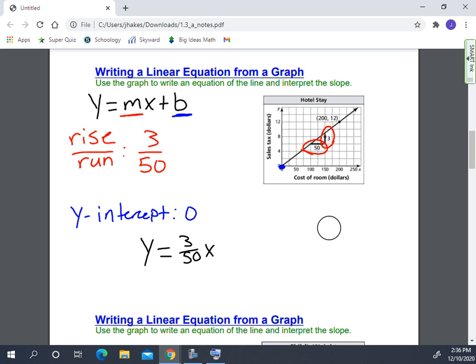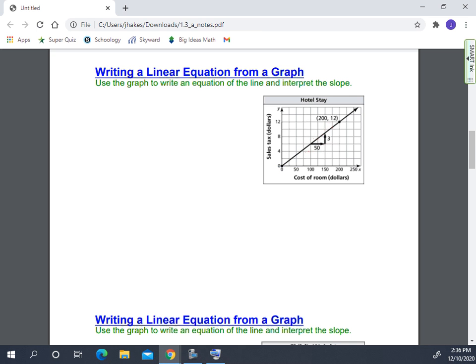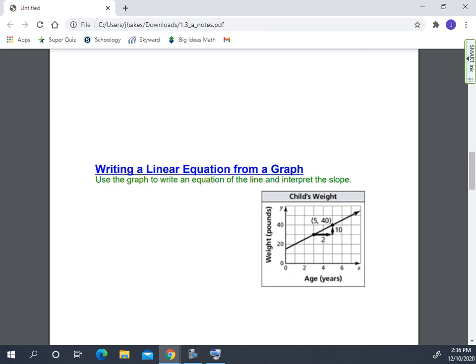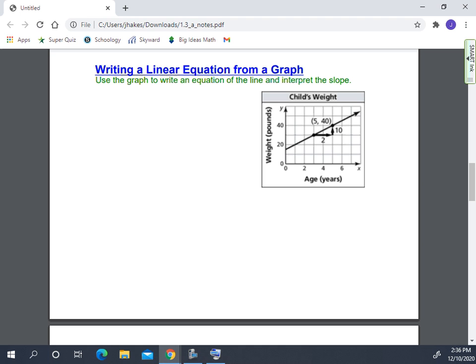All right. Let's look at another example. Same type of thing. We want to find our new equation, y equals mx plus b. Let's find our slope first. Slope is rise over run.